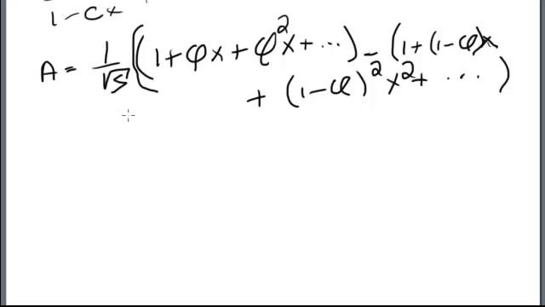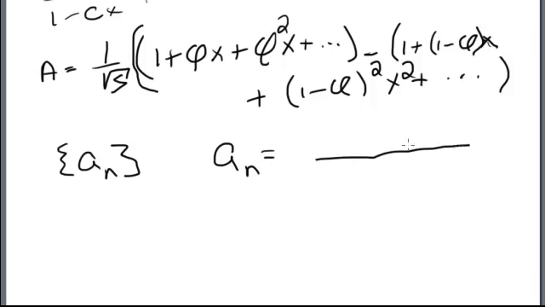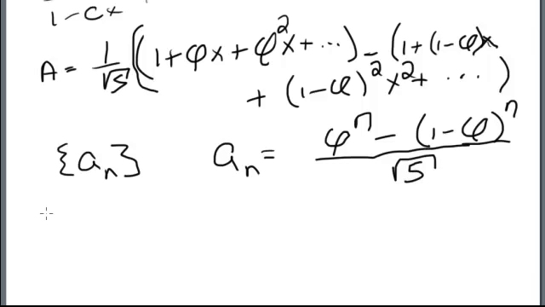Since it's getting a little complicated, and it's sort of ugly up there, my writing skills are getting bad, I'm just going to write it as: this is the generating function of the sequence a sub n, where a sub n is equal to phi to the n minus 1 minus phi to the n over the square root of 5, where phi is equal to 1 plus the square root of 5 over 2.